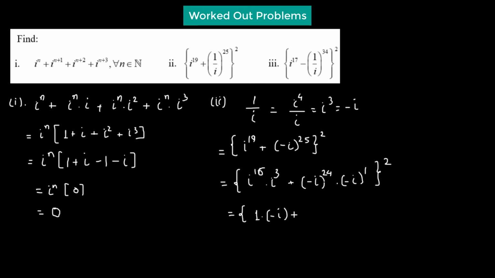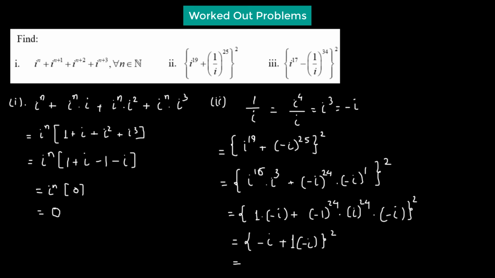Plus, let's pull out the negative from inside, so we'll have (-1)^24 times i^24, and then we have -i, whole squared. So that gives us 1 times -i, which is -i. (-1)^24 is going to be 1, and i^24 is also going to be 1, so that gives us +1 times -i, whole squared.